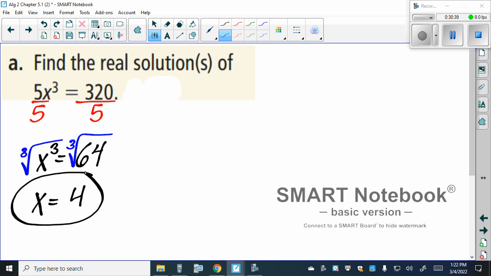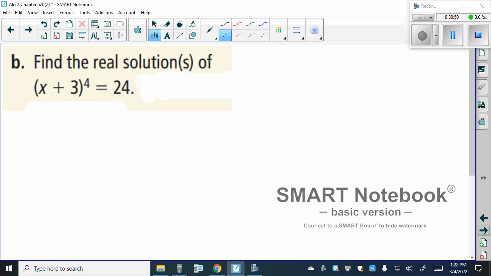And that's it. Now, and again, because the root is odd, we took a cube root, we only have one solution, or one real root. And we're only finding real roots for these here. Any questions on these here? We ready for the last one? Okay.